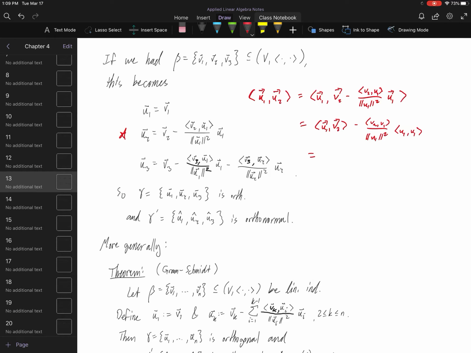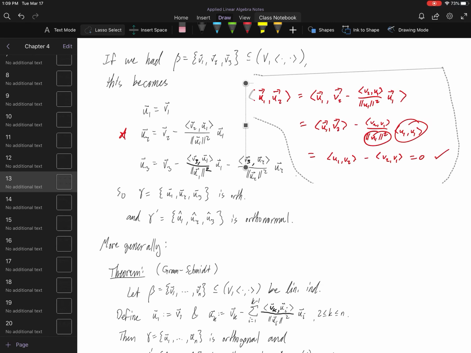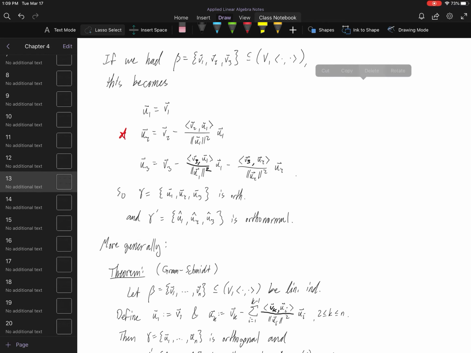Right, U1 with U1. Oh, shoot. So notice, this is U1 with V2 minus, well, these two guys cancel each other out. So I'm just left with V2 with U1. And sure enough, that's 0. So the thing we just constructed is indeed orthogonal to U1.